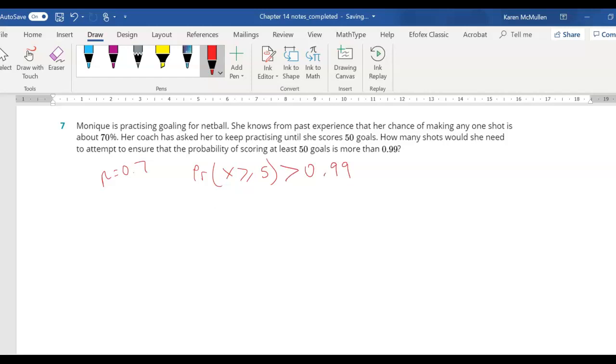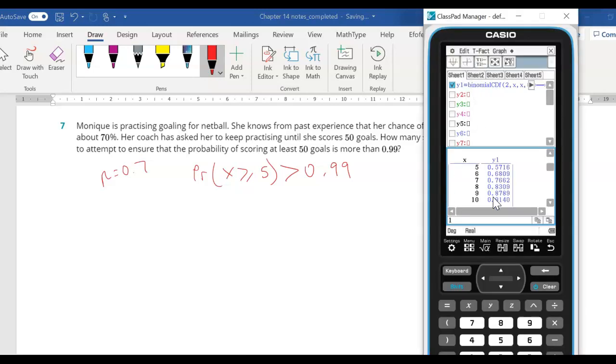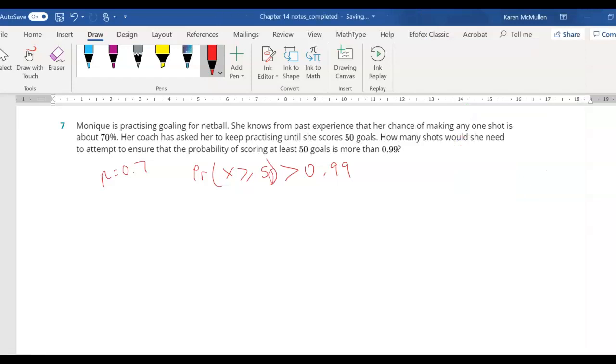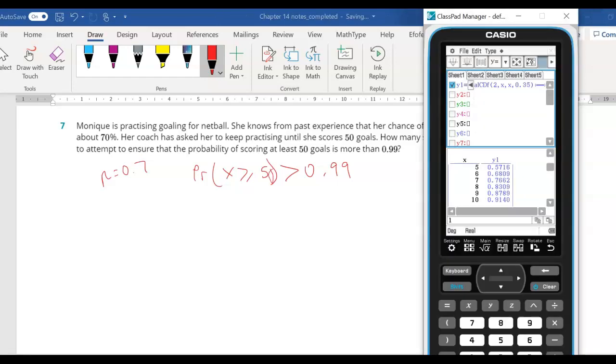Okay, so again, let's just do that on the calculator. You can just go straight to here and change your values, okay, because we had binomial CDF before. So instead of being, I forgot a 0 there, that had to be 50, not 5. Go back to the calculator.